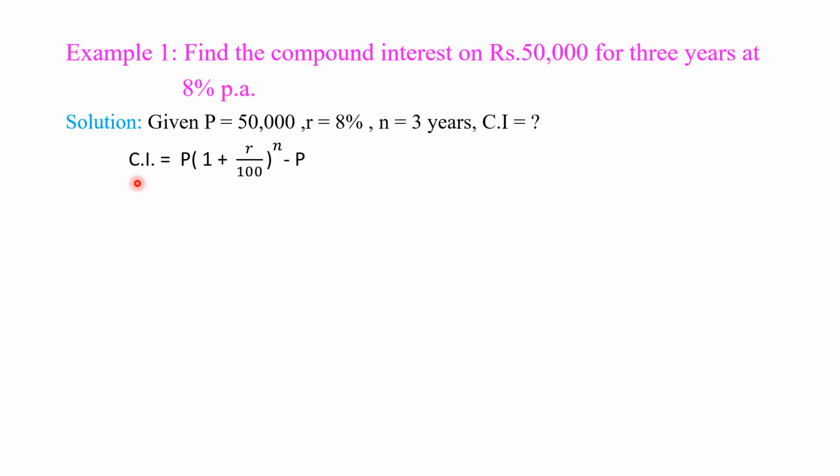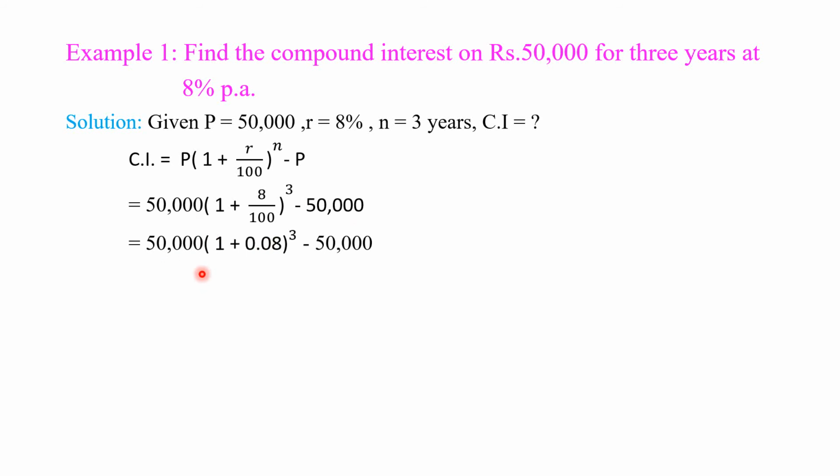We have a formula: compound interest is equal to P in bracket 1 plus R divided by 100 bracket raised to n minus P. We put the values in this formula and we get 50,000 in bracket 1 plus 8 divided by 100 bracket raised to 3 minus 50,000.